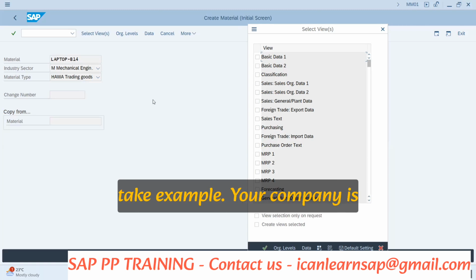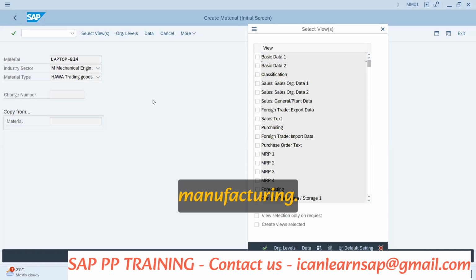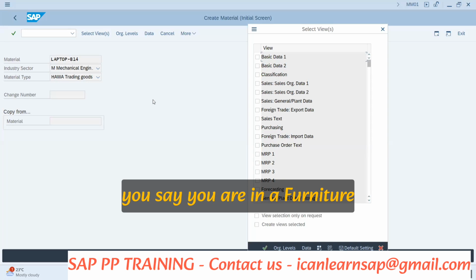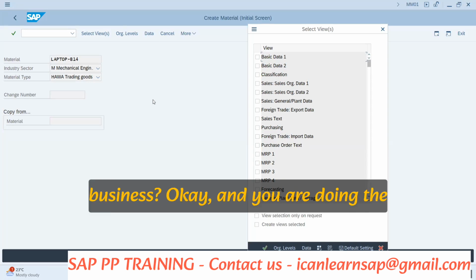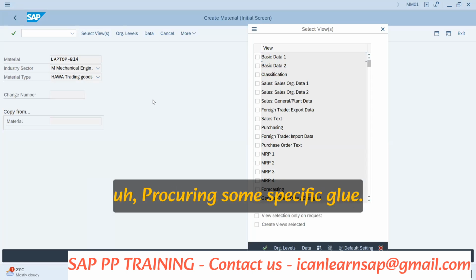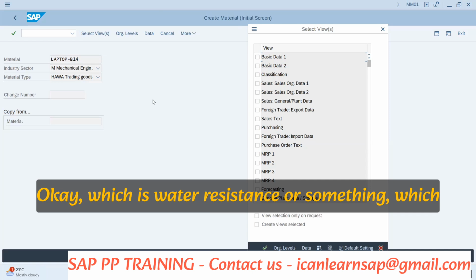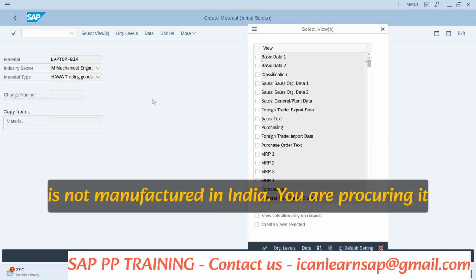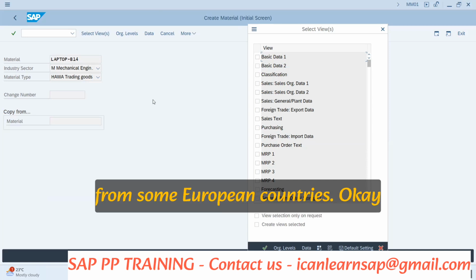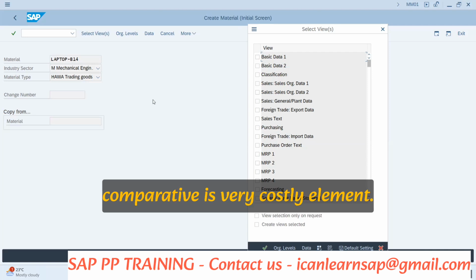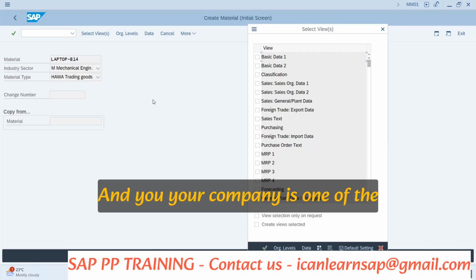Suppose, take an example, you are in a furniture business, and you are procuring some specific glue which is water resistant or something, which is not manufactured in India. You are procuring it from some European countries. Comparatively, it's a very costly element.